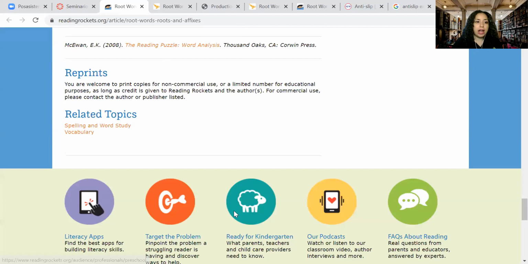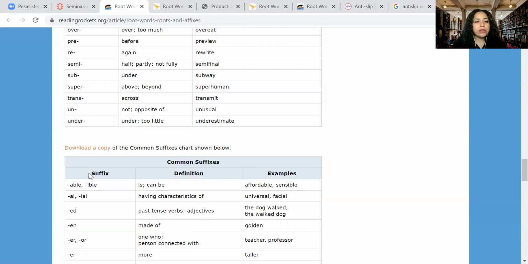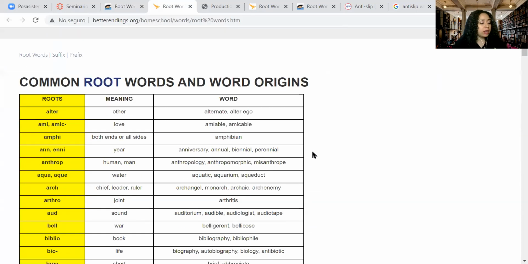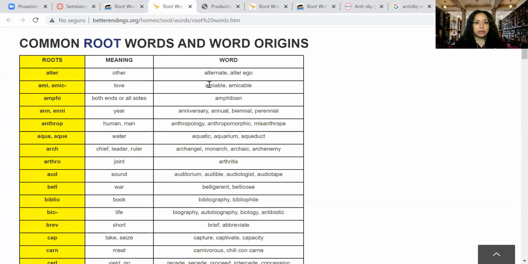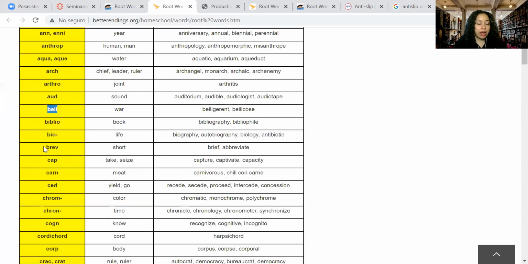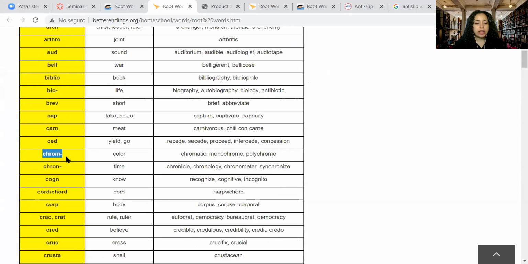Okay. You can also download a copy of this information. If you click on that, you can go and find more about it. I also recommend this other webpage, which is from Live Abilities. You can also go to this one, and you're going to see again some roots like alter, ami, amphi, anthrop, bell, rev, chrome, and so on.